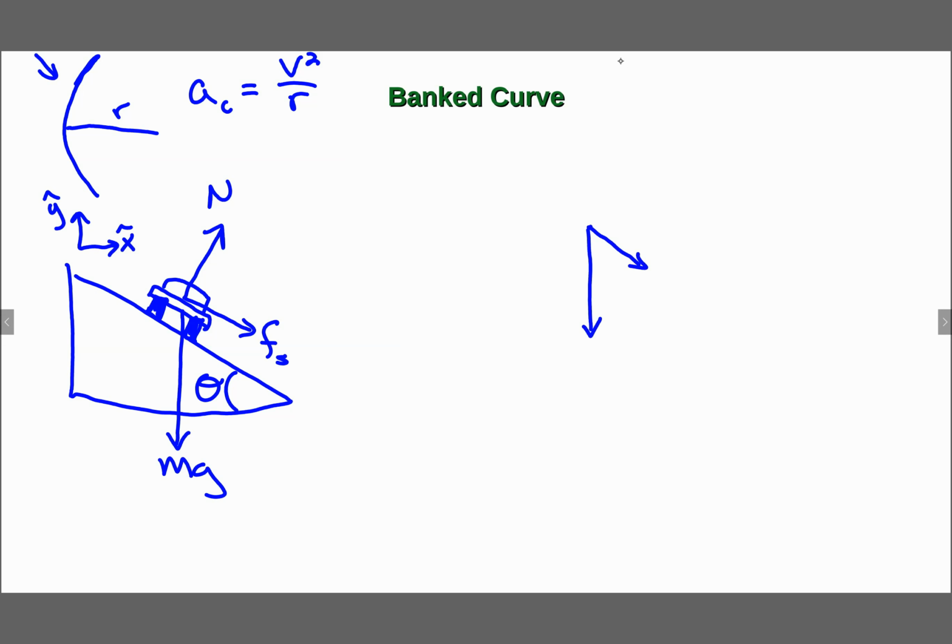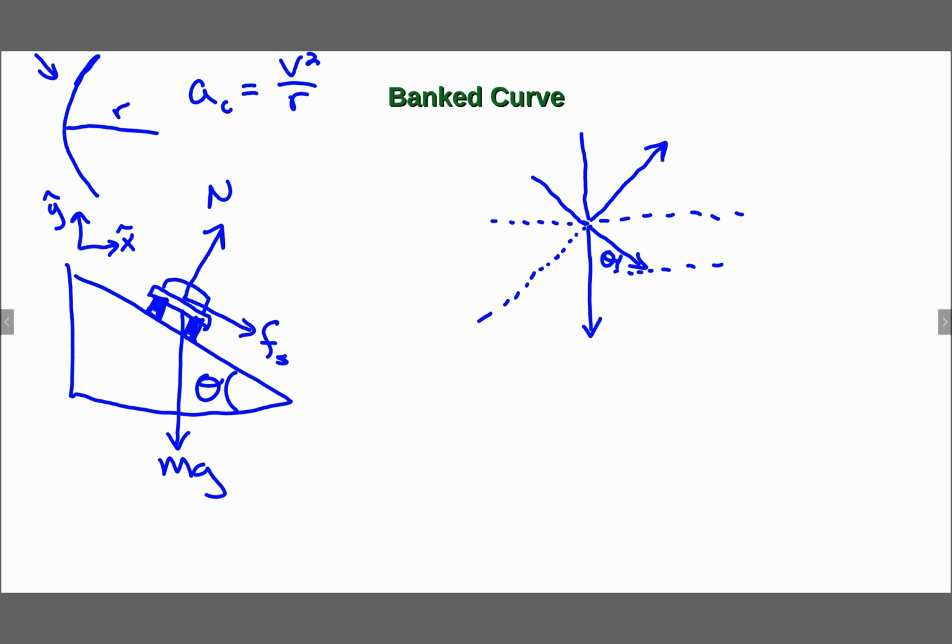And this Fs makes this angle with the horizontal line theta, right? Because the Fs is the same angle as the ramp. And so then if I extend this line this way, and I extend this line this way, then if I draw in a horizontal line here, and then I have the normal force like this, okay, and it extends down this way.